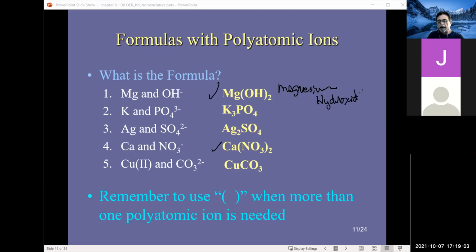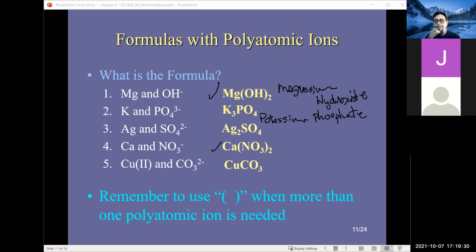I believe this is the active ingredient found in milk of magnesia. Yeah. And then we have potassium phosphate, excuse me. There is a phosphite that's just basically 1 less oxygen, ITE, but that's not in our table.